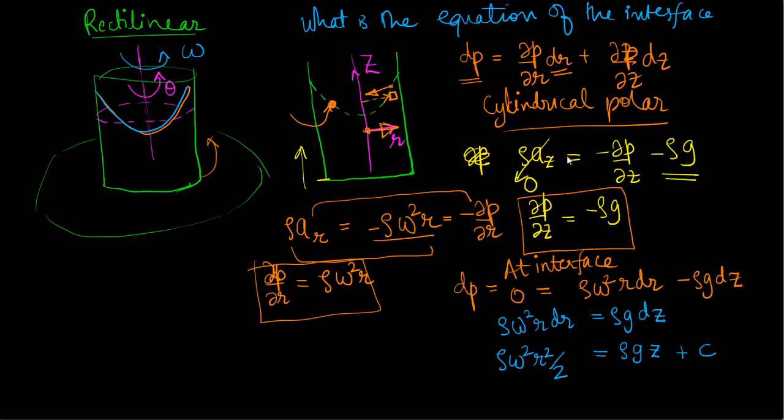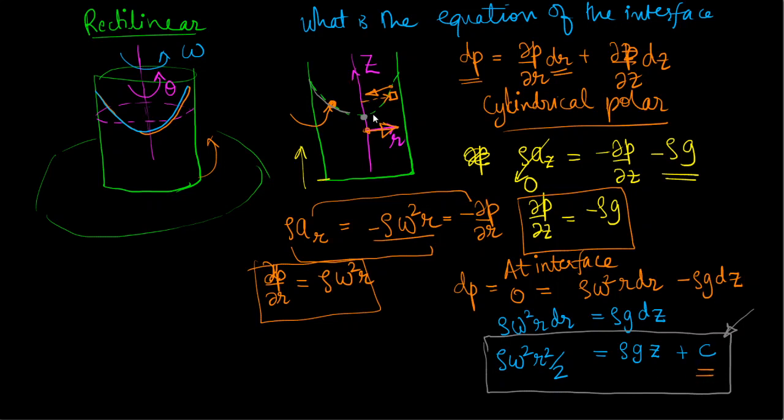Okay, now one easy way of finding out the constant of integration is attaching the coordinate system at the minimal point of the parabola. So obviously this equation describes a parabola where c is simply an additive offset in the z coordinate. C is just an additive constant in the z coordinate.